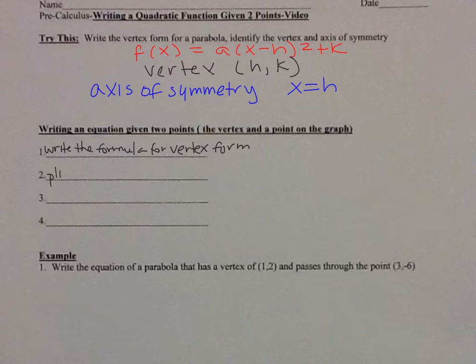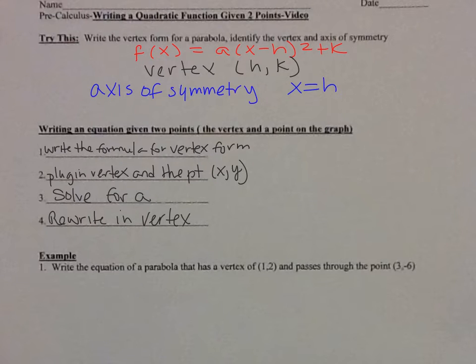All right, then you're going to plug in the vertex and the point, and that goes into x, y. And then you're going to solve for a. And then you're going to rewrite it in vertex form, which is f of x is equal to a times x minus h squared plus k.